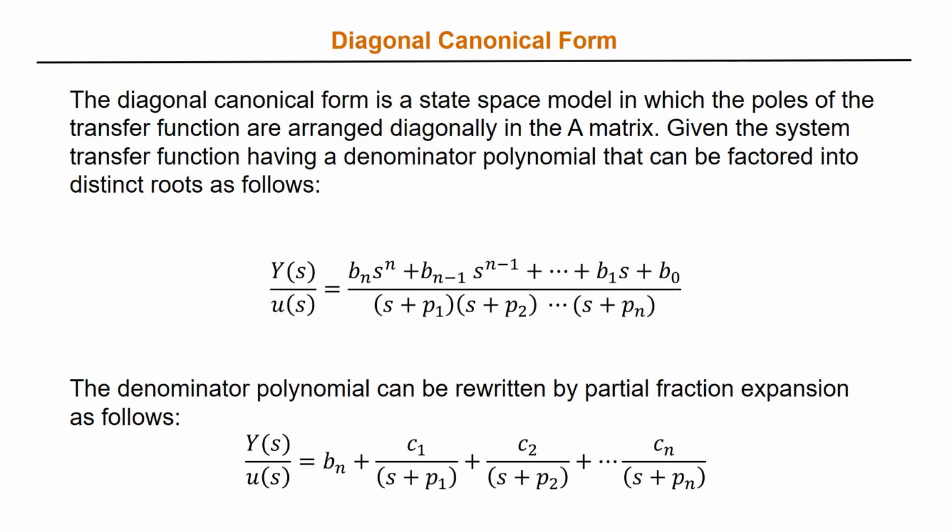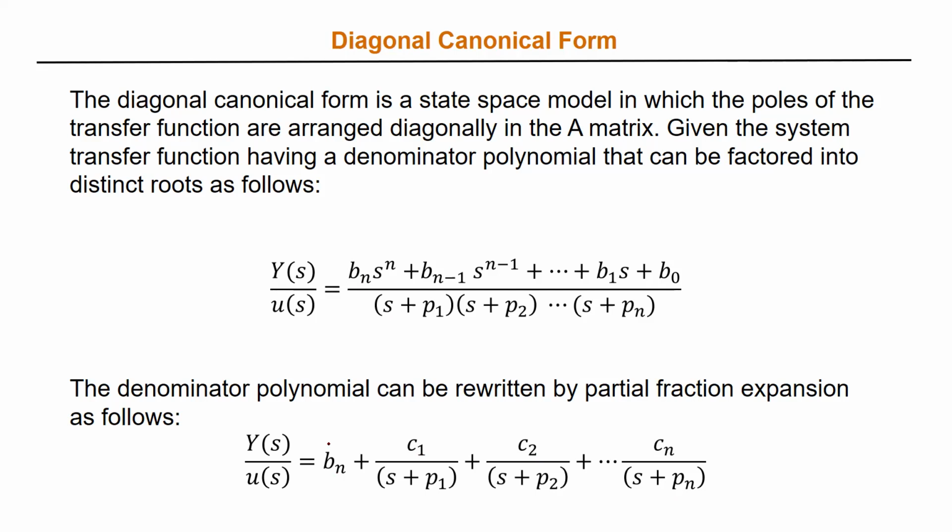Now, let me do partial fraction. Can I do partial fraction in here? Yes, you can do it anytime. You can find C1, C2, and so on. Bn is a constant, because the degrees are the same.